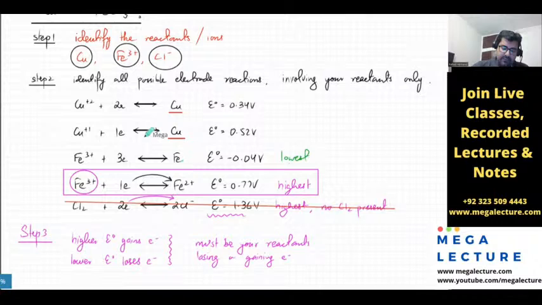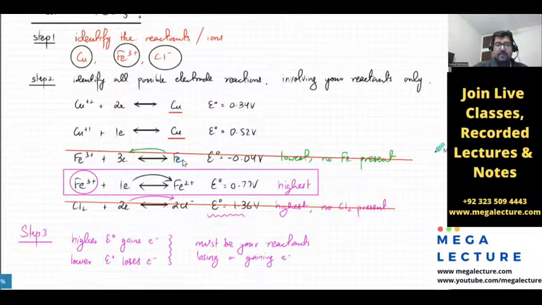So that's the one that loses electrons, right? But we don't have Fe. Look at the reactants. We don't have Fe. We have Fe3 plus. We don't have Fe. So that means I can't use this equation. There is no Fe present in my reactants. So I'm going to cut this equation.